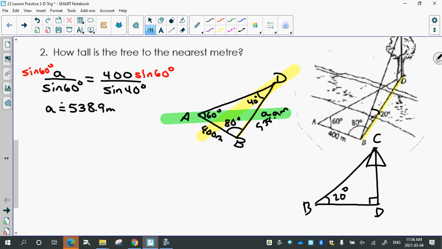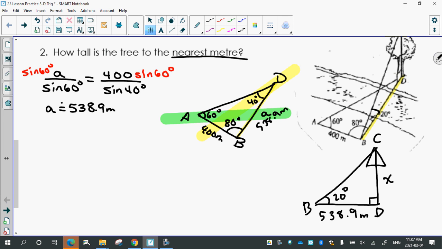We just found out that D to B was 538.9. When you round to the nearest meter, it's at the very last calculation you do. Good question. And then I'll call this side X. I haven't used X yet.